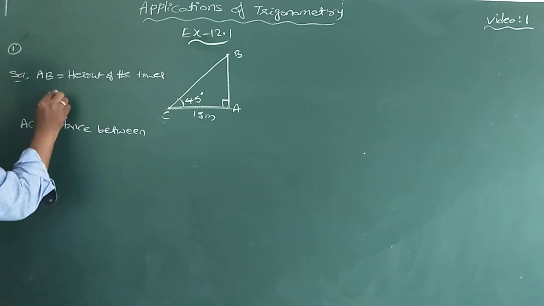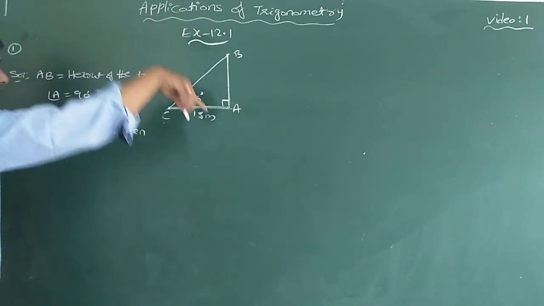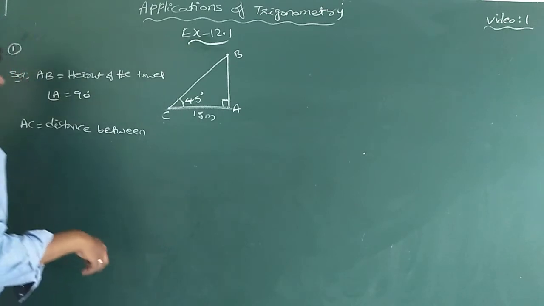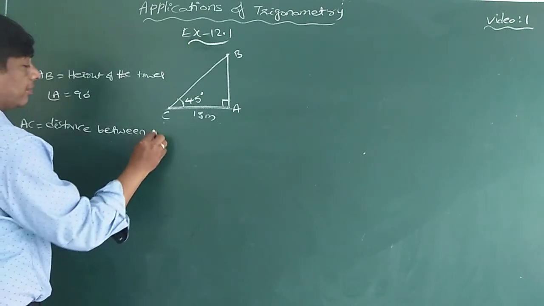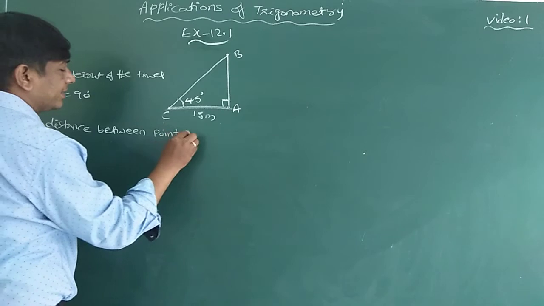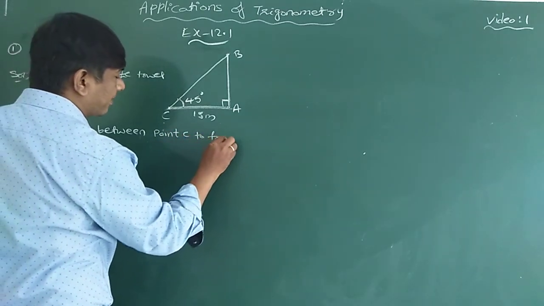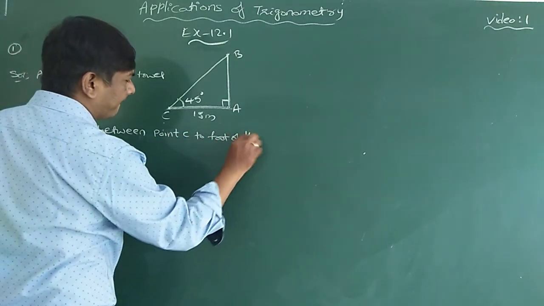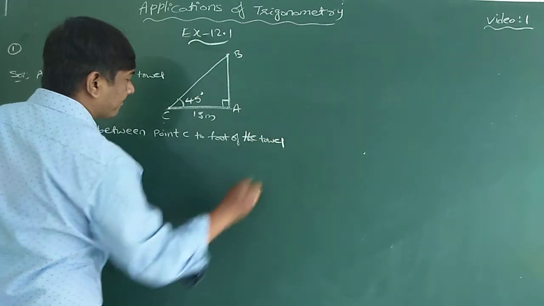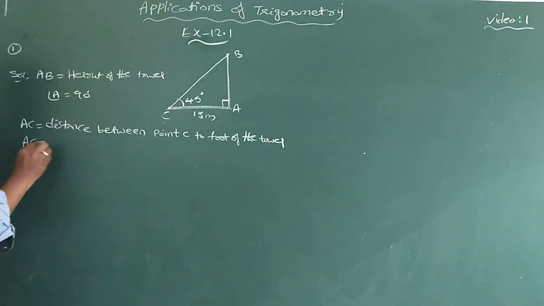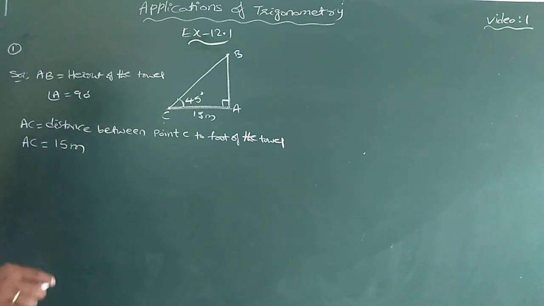Angle A is 90 degrees because the tower is perpendicular to the ground. That means AC is 15 meters.